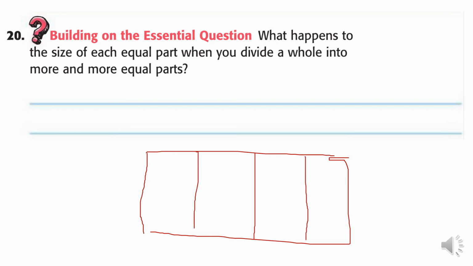What happens then? This one and this one, it got smaller. Yes, each part got smaller. If you divide it again, you see, it gets smaller. So the size of each equal part gets smaller and smaller if you keep dividing it.